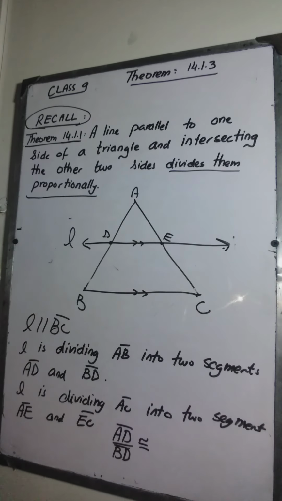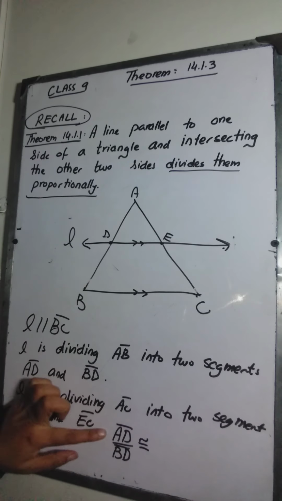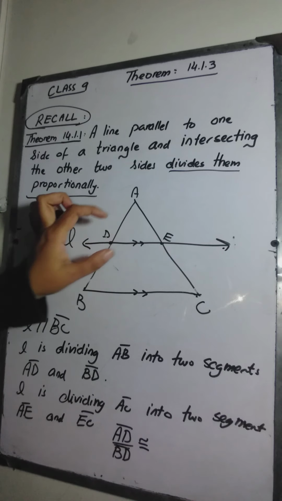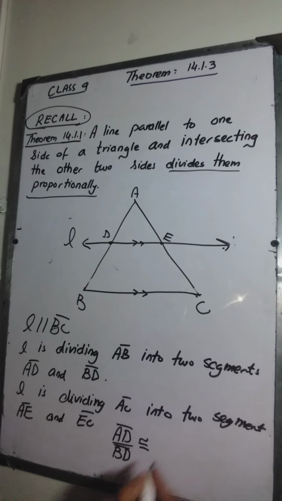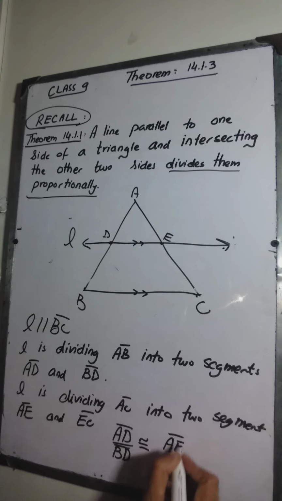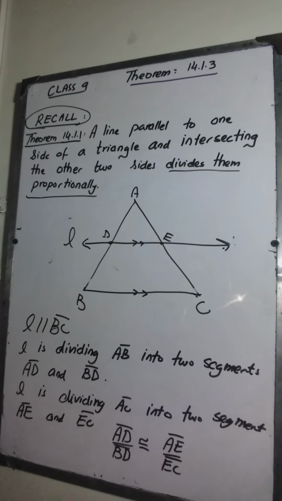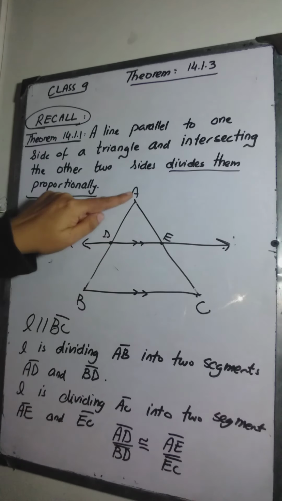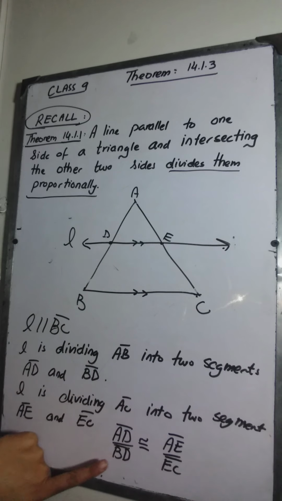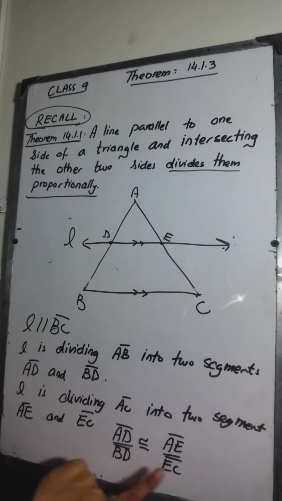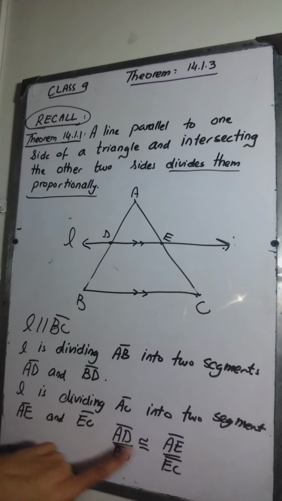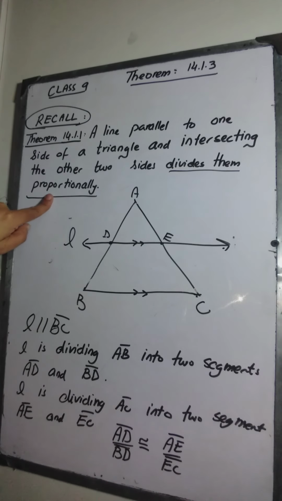Okay, the ratio of the segments AD and DB, AD over BD, and AE over EC is the ratio of the segments which this line L is making on AC. Okay, so these two ratios will always be congruent, and this equality or congruency of two ratios is called proportionality.